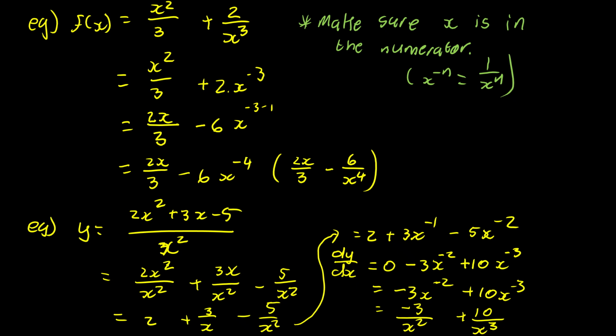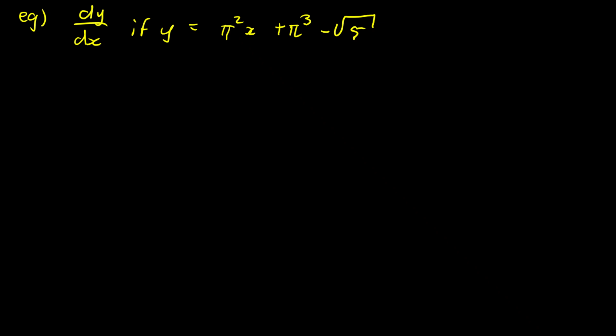Now I want us to do 2 more quick examples. I'm asking you to find dy/dx if y equals pi squared x plus pi cubed minus the square root of 5.